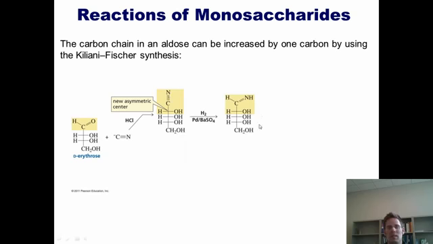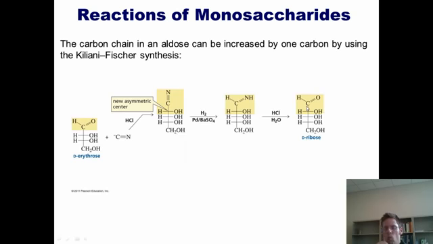I can take this nitrile and treat it with hydrogen and palladium over barium sulfate and reduce it to this intermediate, which is called an imine. You might remember us talking about imines back in chapters 18 and 21. Once I get to this imine intermediate, I can then treat it with acid and water to hydrolyze off the nitrogen and convert it back into an aldehyde. I've effectively taken my initial starting material, the sugar, and over 3 steps converted it into a sugar that is 1 carbon longer.